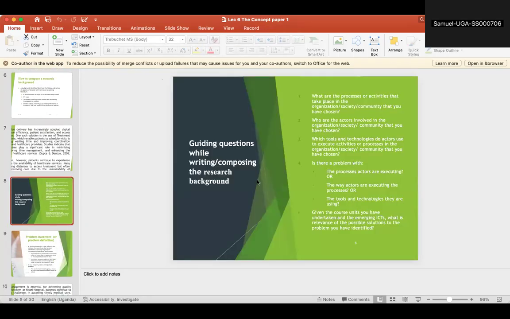Guiding questions while writing or composing the research background. When you're coming up with your research background, you need to ask yourself, what are the processes or activities that take place in the organization that you have chosen? Because in the case study in question, which is Nkozi Hospital, they have their own procedures on how to book appointments.